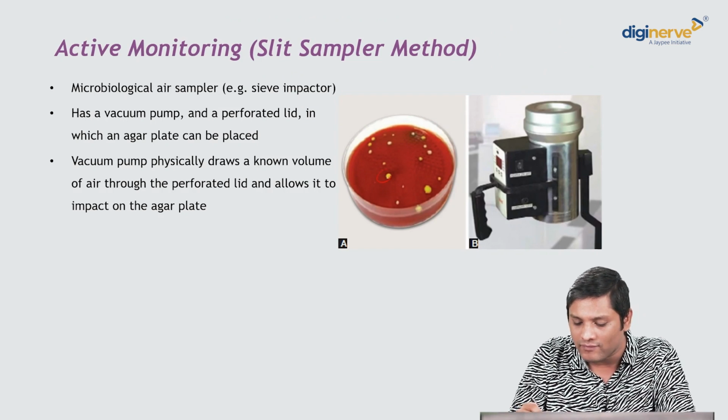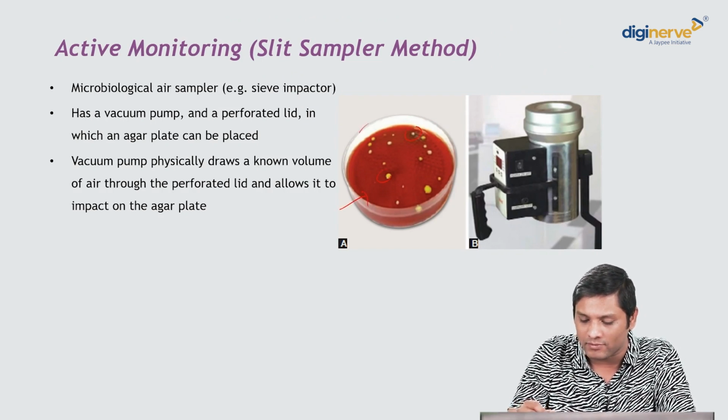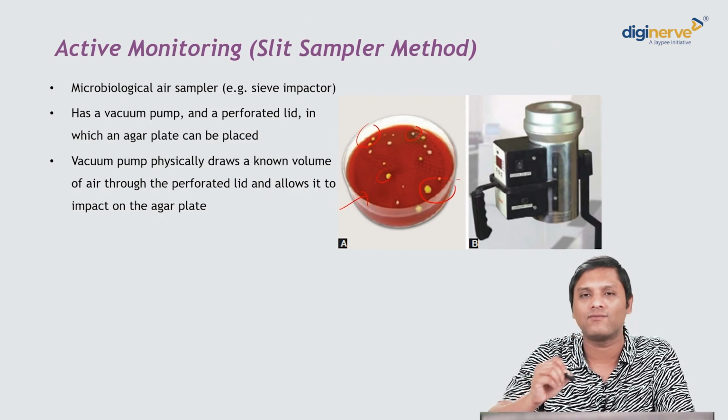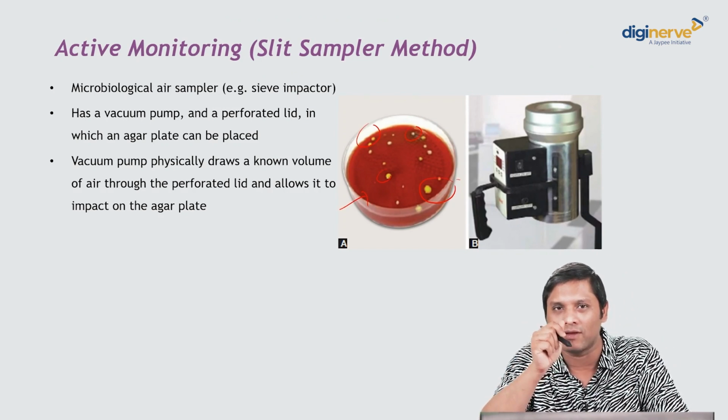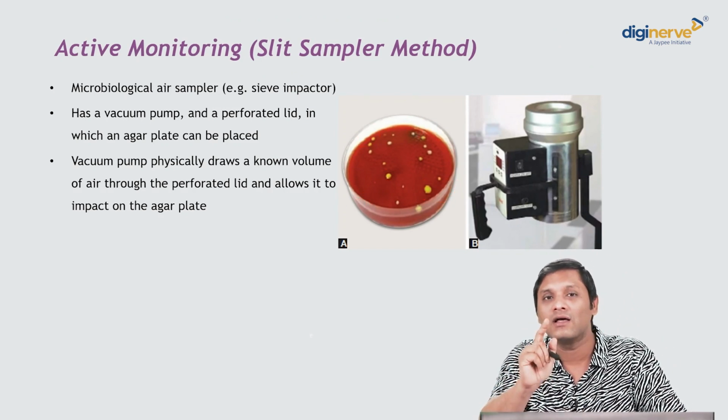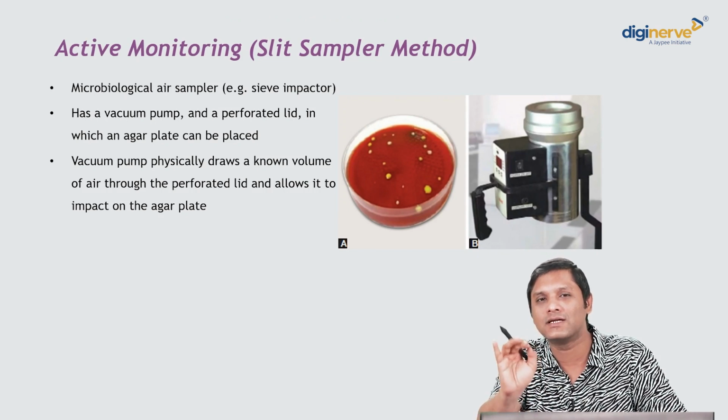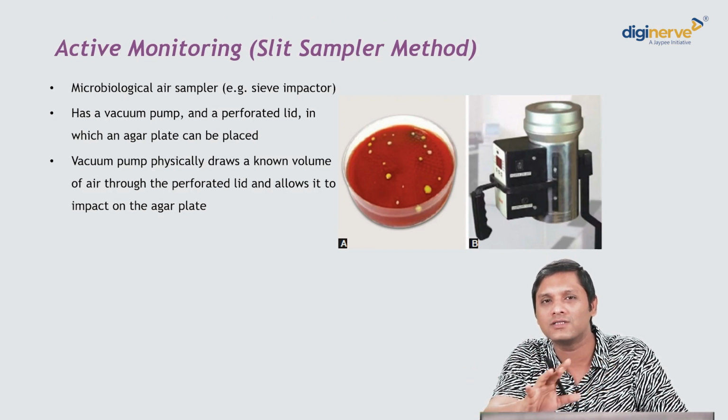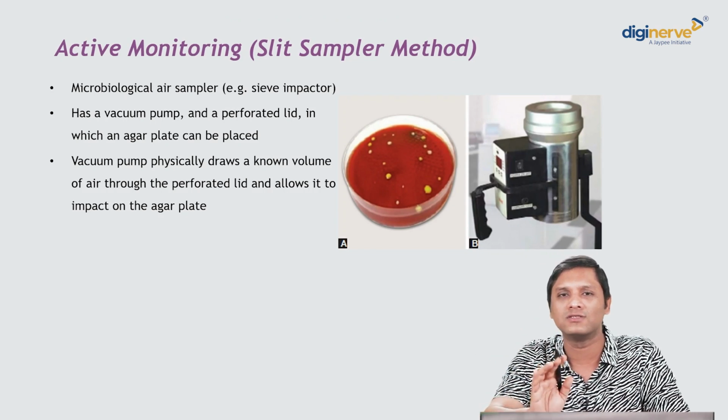At the point of impaction you will have colony formation, provided the organism is present in the air. If there is no organism in the air, then no colonies are formed.